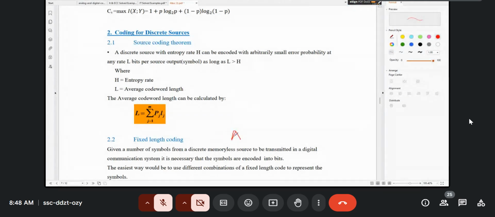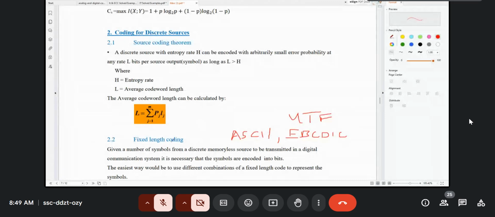Fixed, that should be something like ASCII, EBCDIC. There is also UTF. So all those are fixed length encoding schemes.